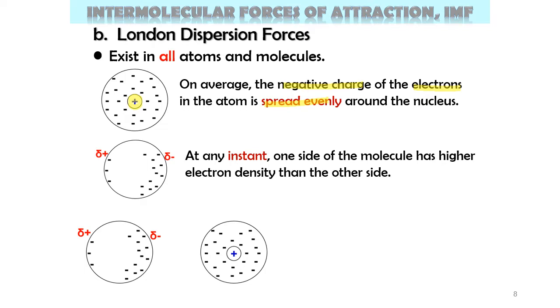Okay, but at a certain moment, the electrons may concentrate at one side. For example, it will be heavier on this side. Okay, so this side is partially negative because you have more electrons attracted to that particular space, compared to the other side, which will be partially positive.